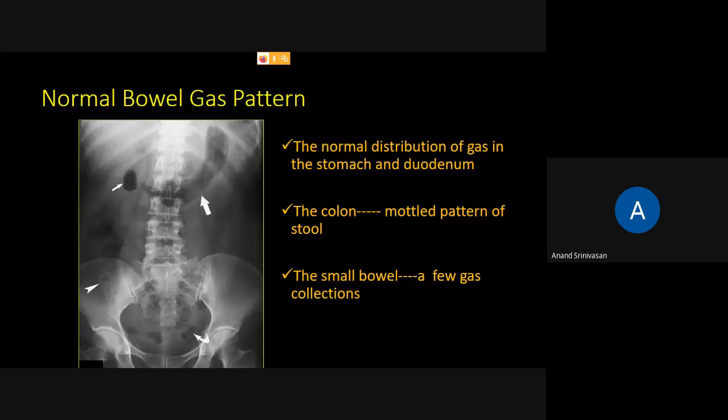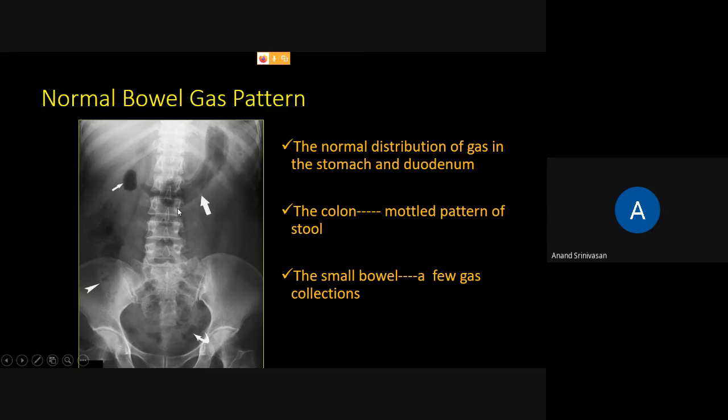Leading on to intestinal distension, here this is a normal X-ray of the KUB region of the abdomen, where no contrast is used. Here you can see the normal gas distribution. Normally in an empty stomach, if you take an X-ray, it appears like this.